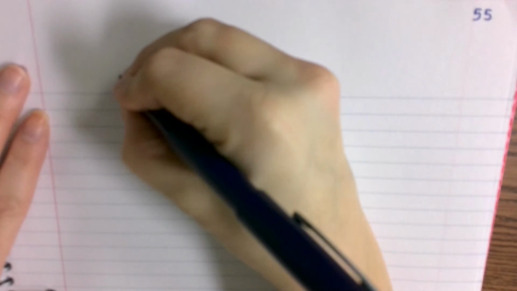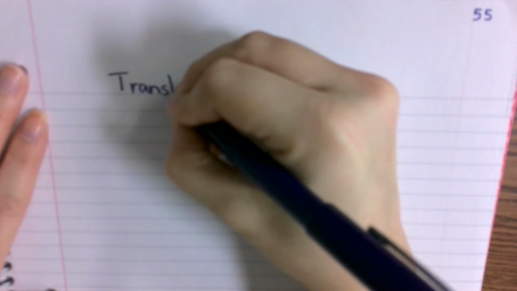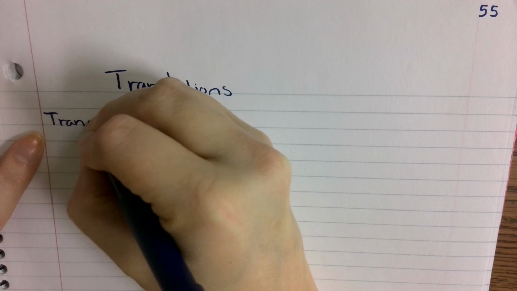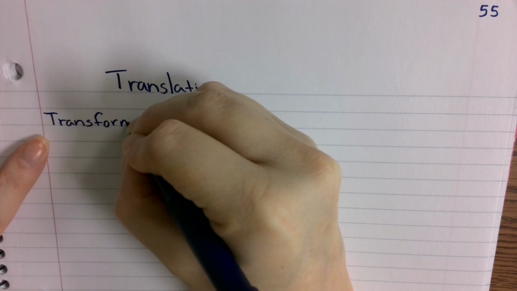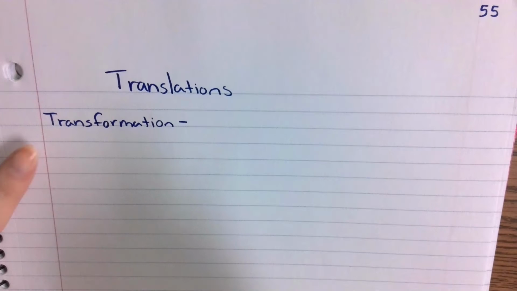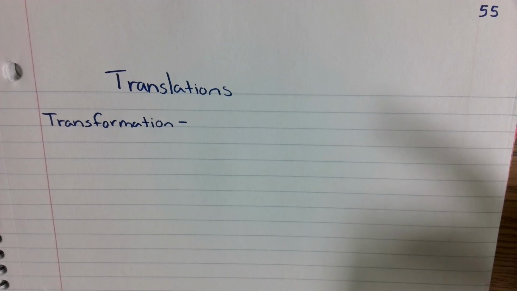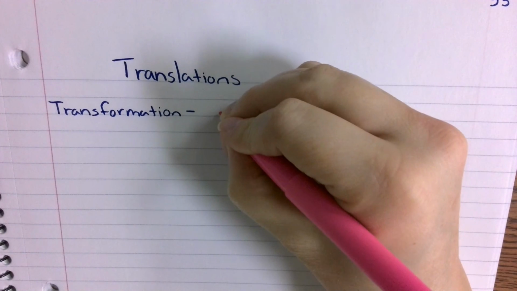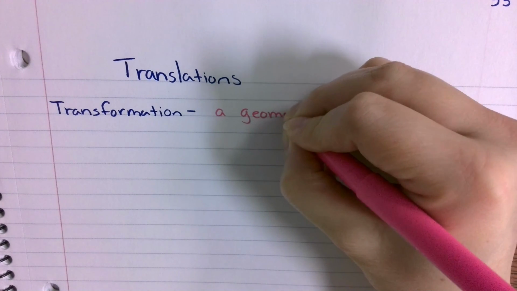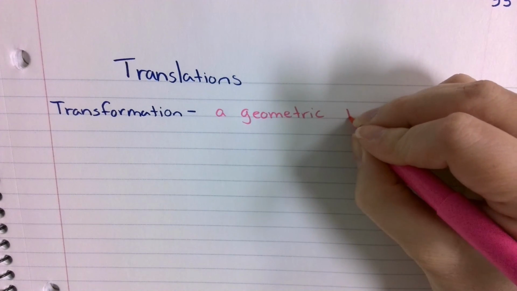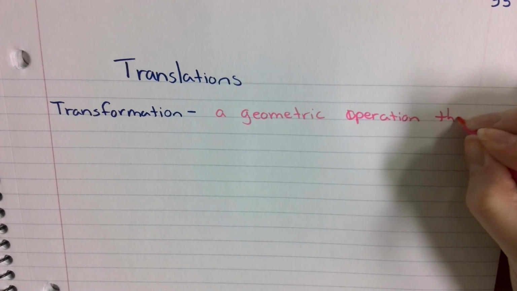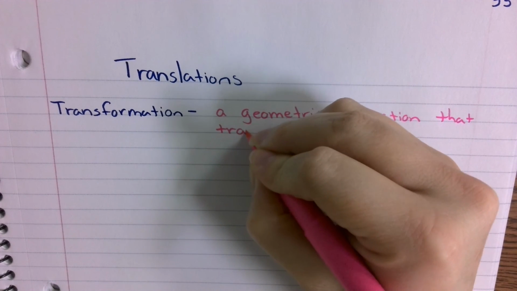Alright, so we're going to be starting with translations today. So again, the idea of a transformation, when the video was showing you the different forms of transformations: a transformation is just a geometric operation that transforms an image.